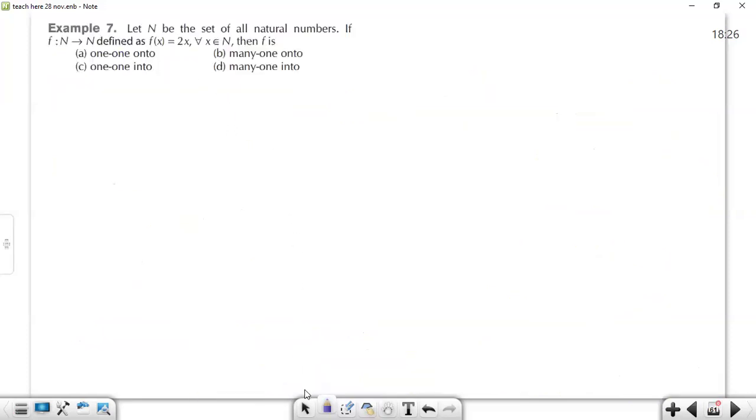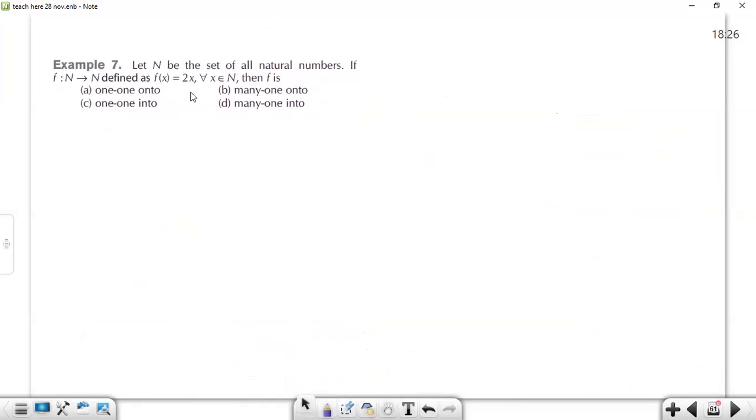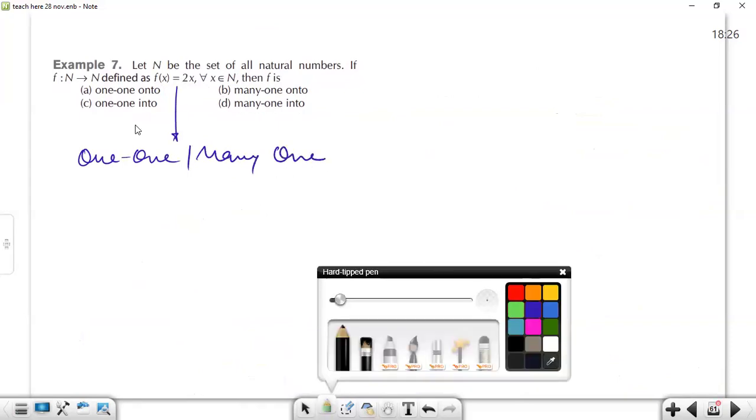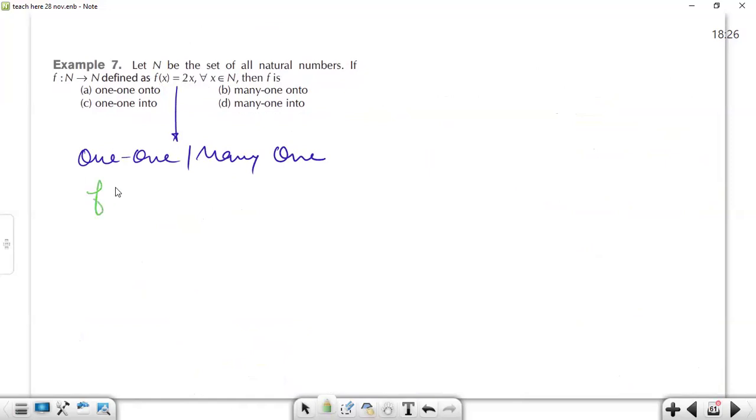Now let's discuss this function. This is very easy. First of all, checking whether it is one-one or many-one. Assuming f of x1 is equal to f of x2, so 2 of x1 is equal to 2 of x2.